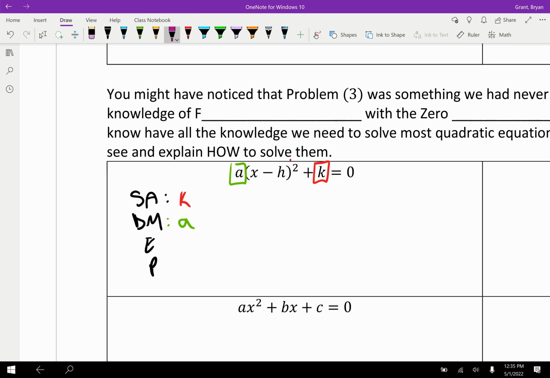Then the next part is going to be the square. And so to undo the square, we're going to do the square root, and we're going to remember plus minus with that square root. Last but not least, we have to tackle the h that's in the parentheses, and that will get us x by itself.